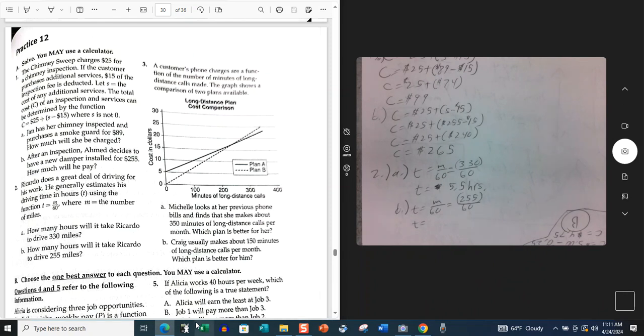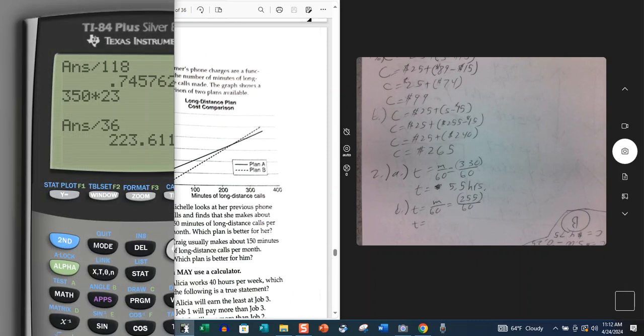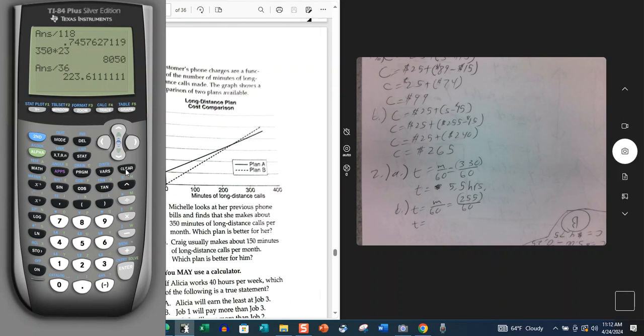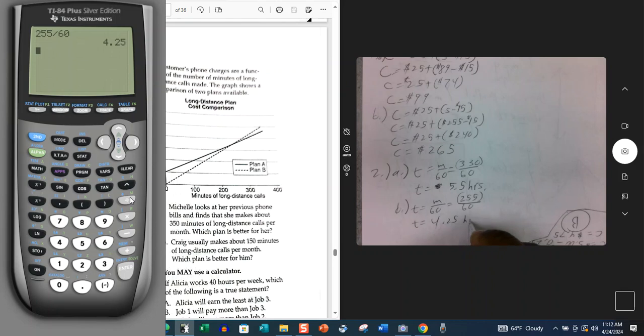I'm just going to use a standard calculator because we have done work with a calculator before. So we'll take 255 divided by 60, and that will give us 4.25. So it'd be 4.25 hours.